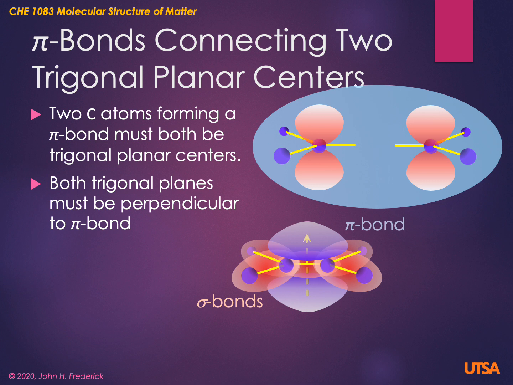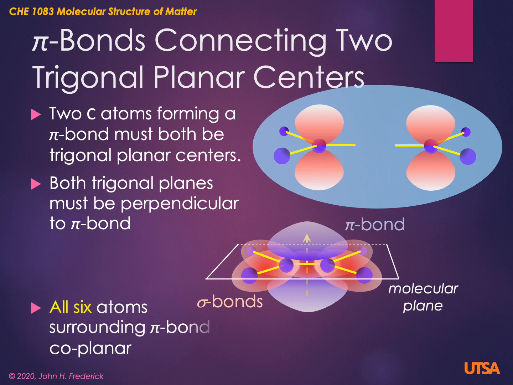So what does that imply? Well, that pi bond has to be perpendicular to both planes, and this is what forms overall a molecular plane that contains not only the 3 atoms attached to one carbon, but all 3 atoms that are attached to the other. So in other words, all 6 of these atoms are going to be in the same plane surrounding that pi bond.